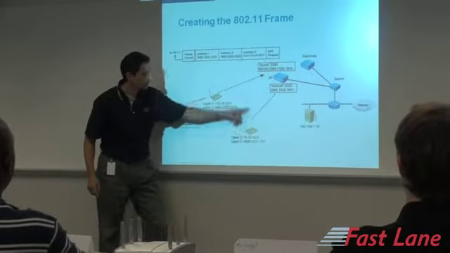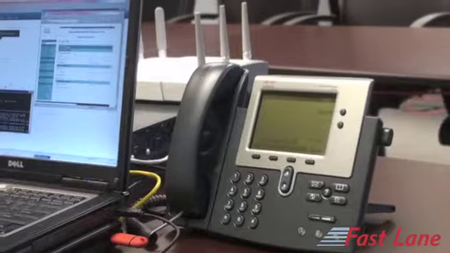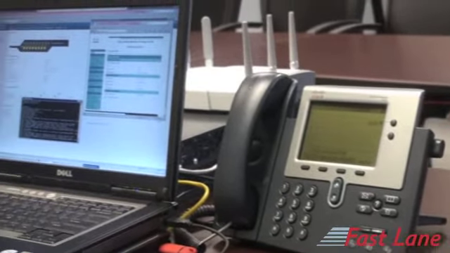What is really exciting about IUWVN is that it's one of the few classes where we bring the lab to your class. We bring controllers, switches, access points, phones, cameras, and a lot of other things, and we teach you how to set up a network for voice or for video.